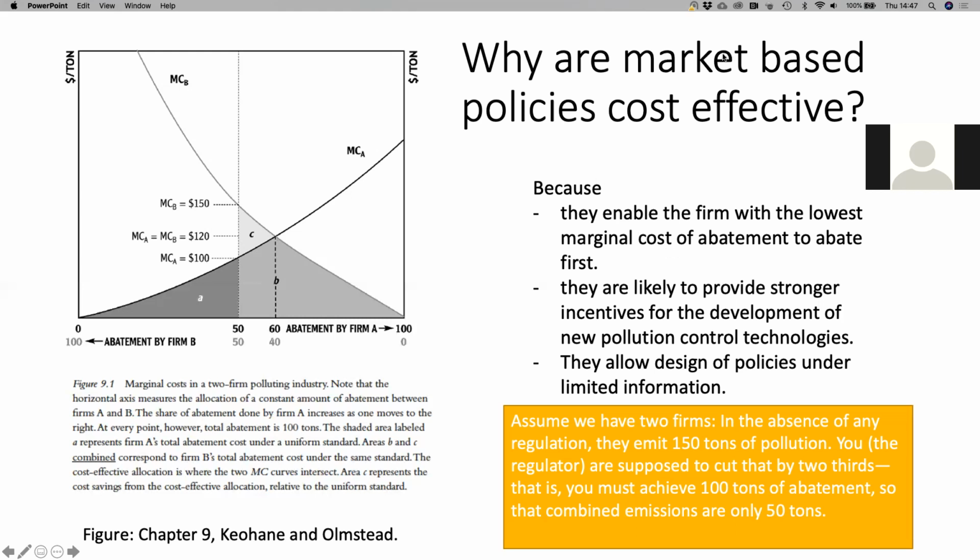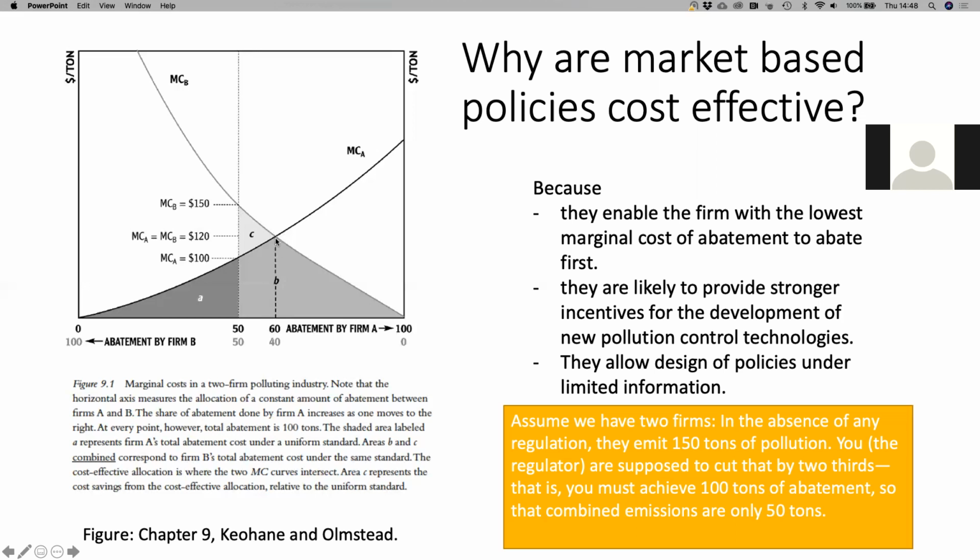So this way, market-based policies are more cost-effective than command and control policies. They enable the firm with the lowest marginal cost of abatement to abate first. And not just that, they are also more likely to provide stronger incentives for the development of new pollution control technologies. So if you know that there is a value to that abatement, for instance here, it is clear that the firm B has a higher cost of abatement, right?